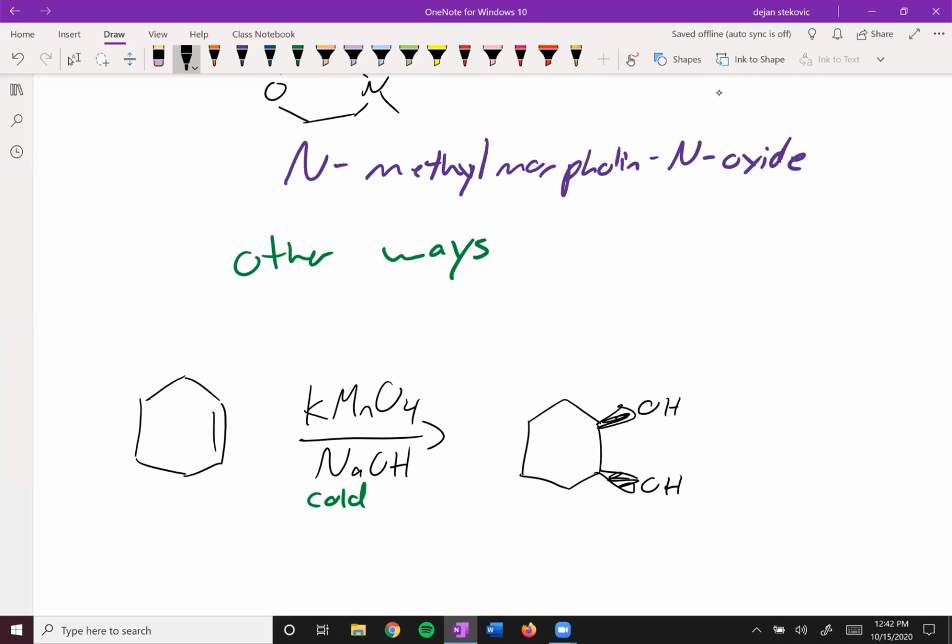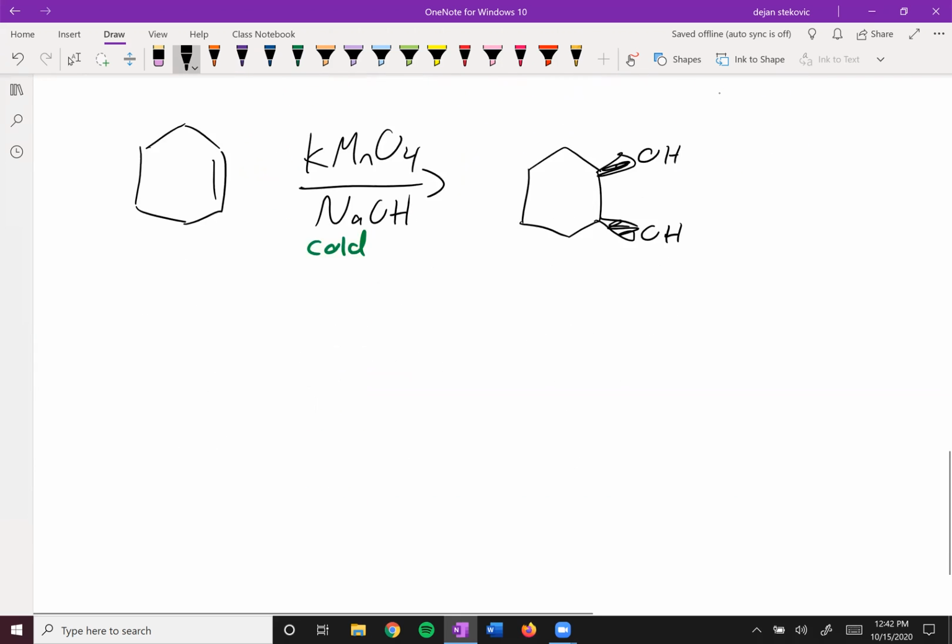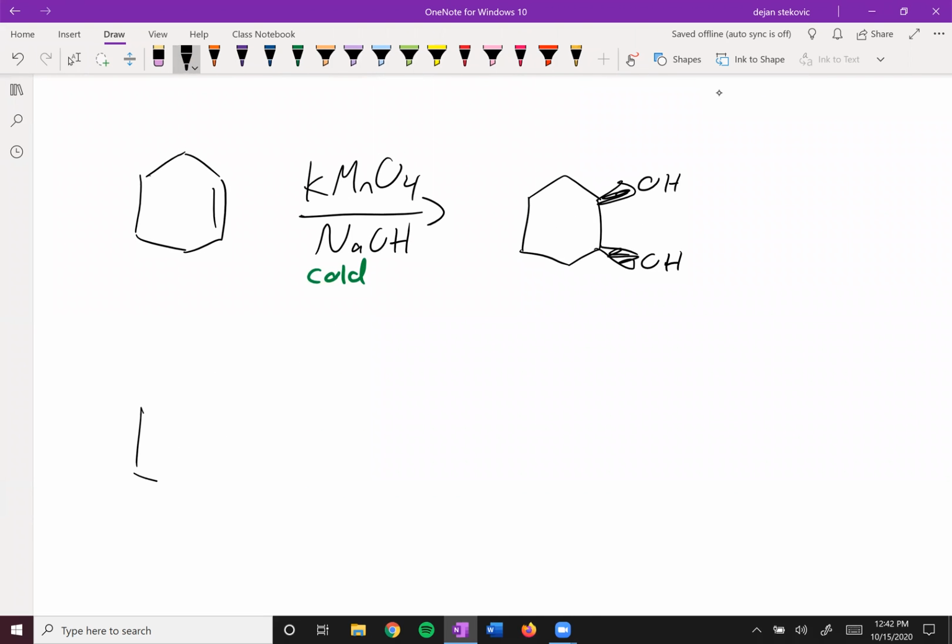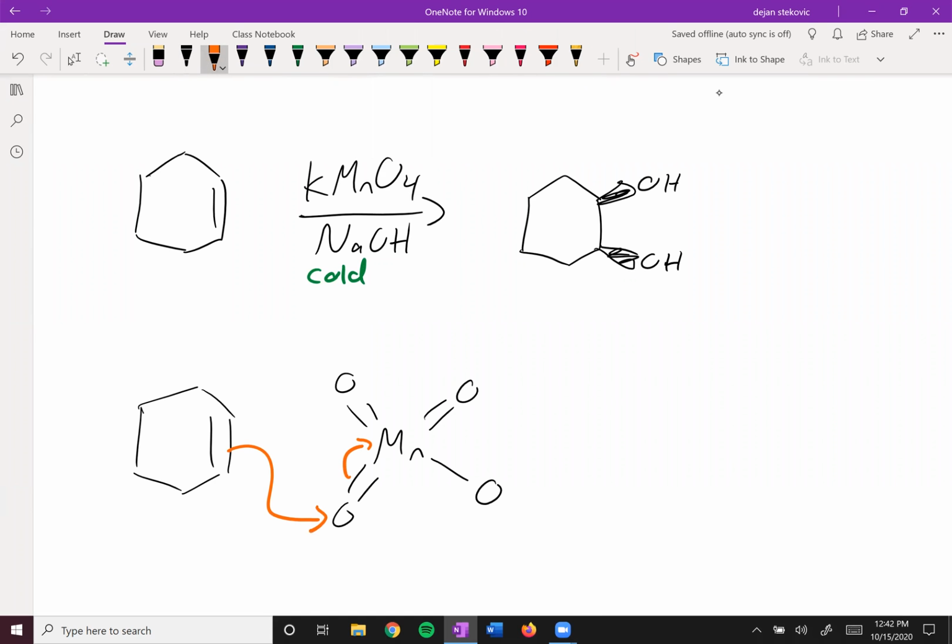And the mechanism here is very similar to the osmium tetroxide. So we have our alkene, we have our permanganate, and we essentially follow the same mechanism here to get our syn addition.